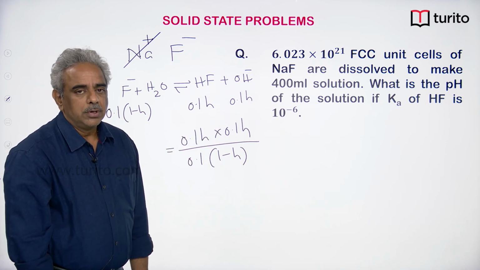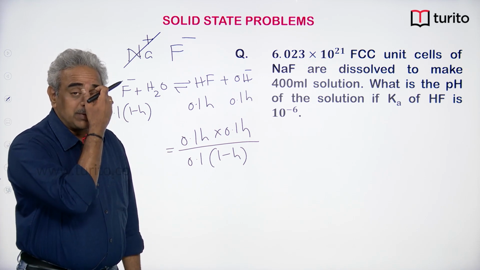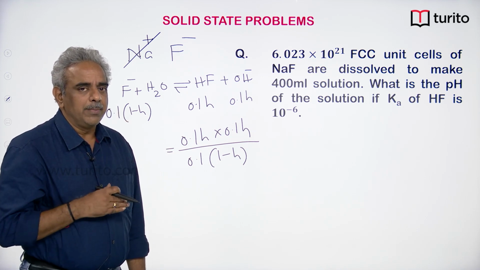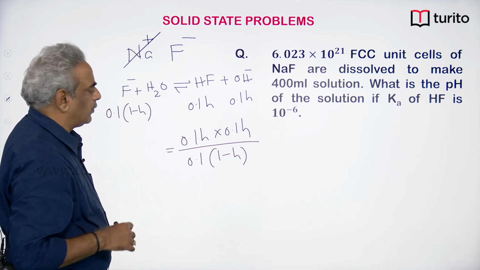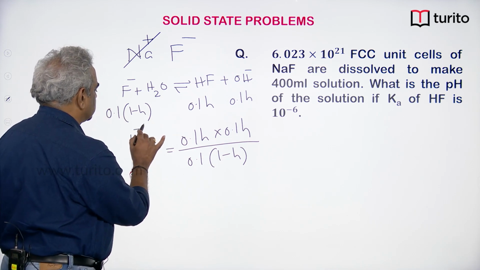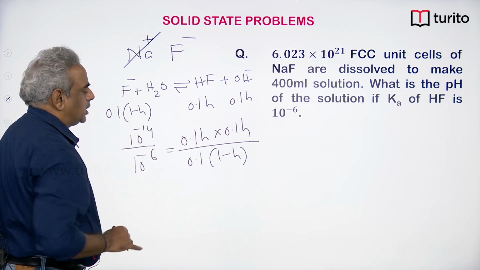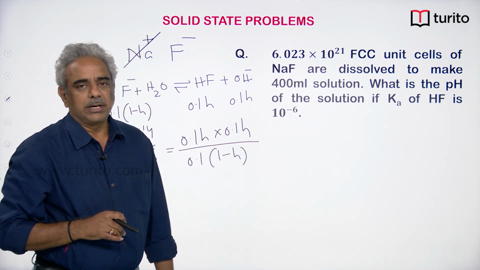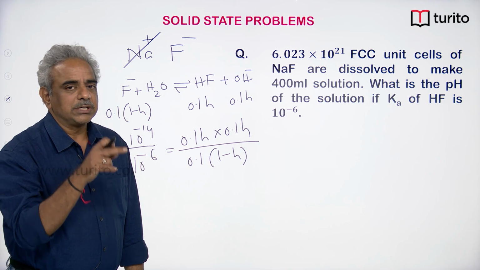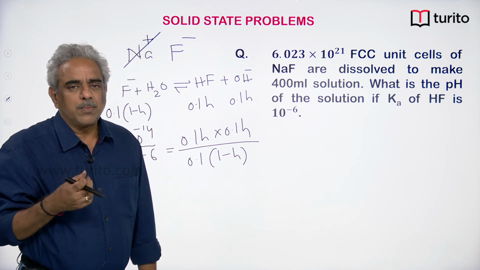What did he give? Ka of HF. How are Ka and Kb related? Once you have a conjugate acid base pair, Ka into Kb will be 10 to the power of minus 14 at 25 degrees. Let us assume 25 degrees, 10 to the power of minus 14 by 10 to the power of minus 6. And because the HF equilibrium constant is 10 power minus 6, the hydrolysis constant will be 10 to the power of minus 8, which is a very small value.